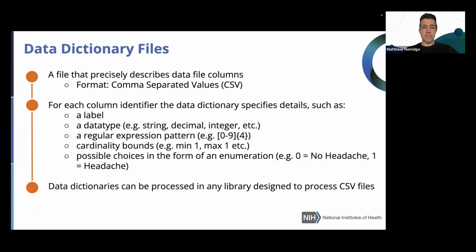Data dictionary metadata is serialized in comma-separated values, and that is CSV files. Like the JSON counterparts, data dictionaries are easily processed using off-the-shelf libraries for working with comma-separated value files. Next slide, please.